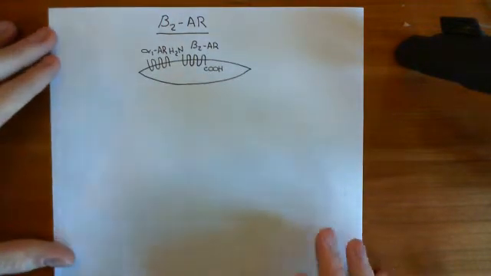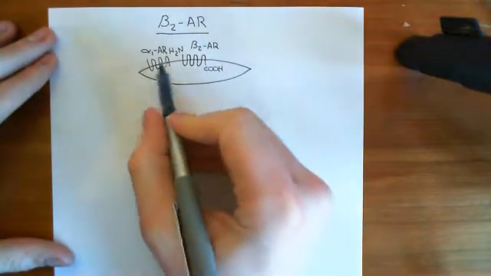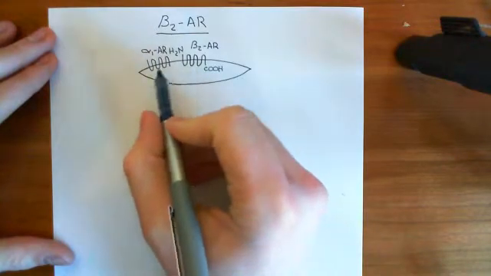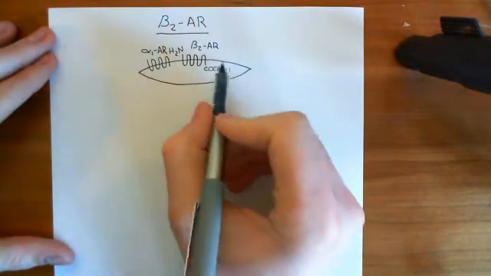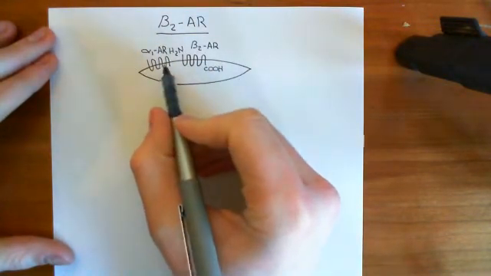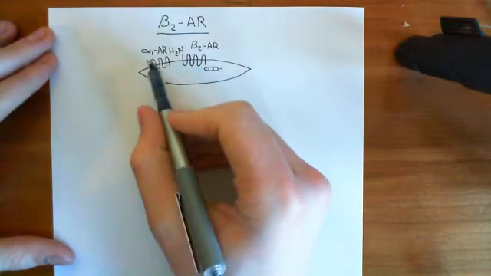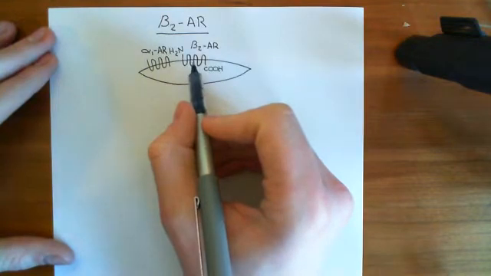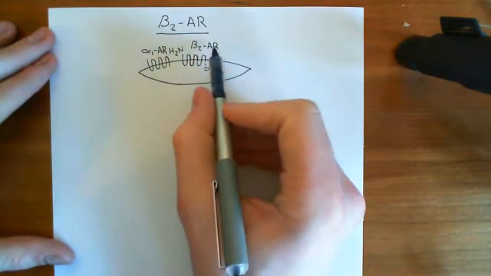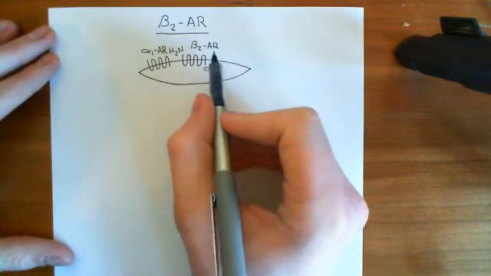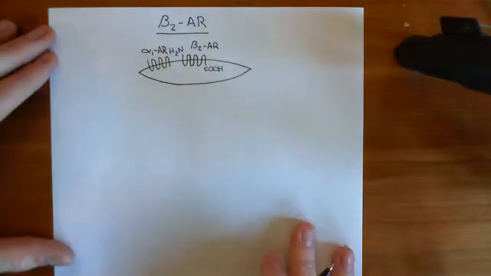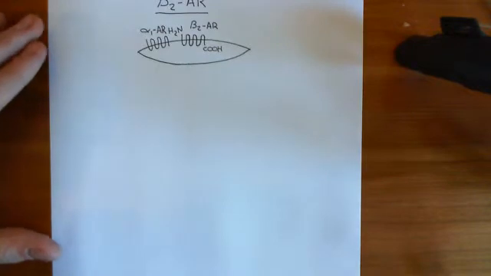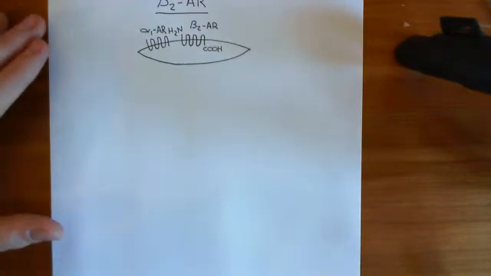So different smooth muscle cells will have different fractions of alpha 1 and beta 2 adrenoreceptors. If you want your smooth muscle cell to contract in response to adrenaline or noradrenaline, you'll have a lot of alpha 1 adrenoreceptors on the surface of it. And if you want it to relax in response to adrenaline or noradrenaline, you'll have a lot of beta 2 adrenoreceptors on their surface.